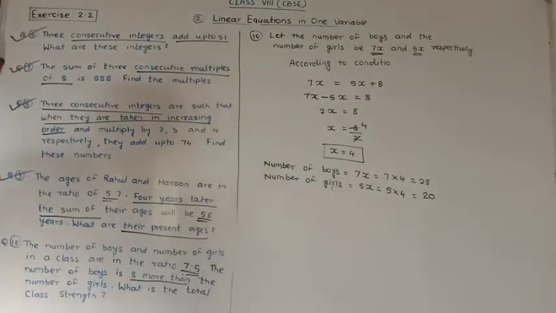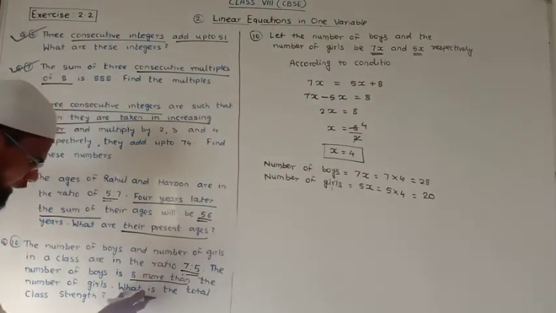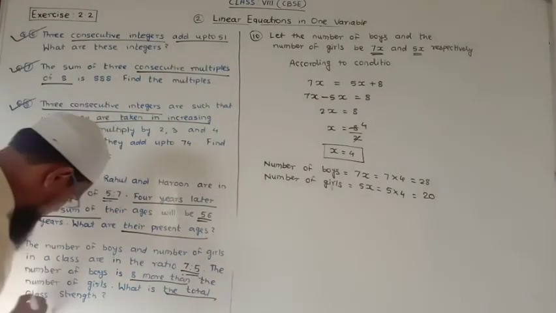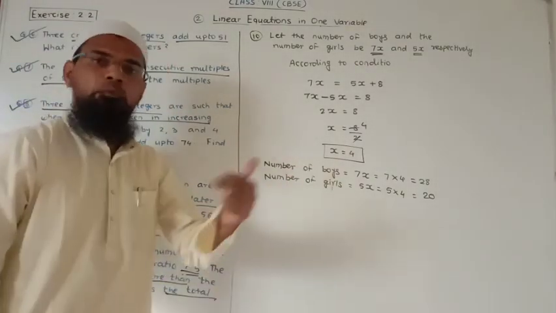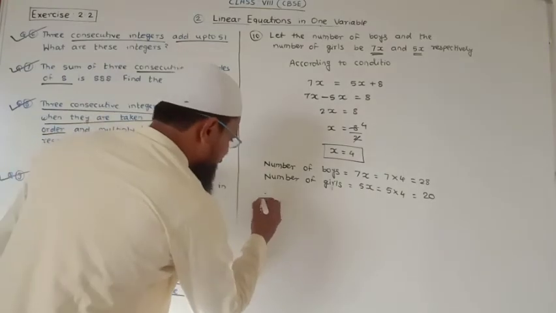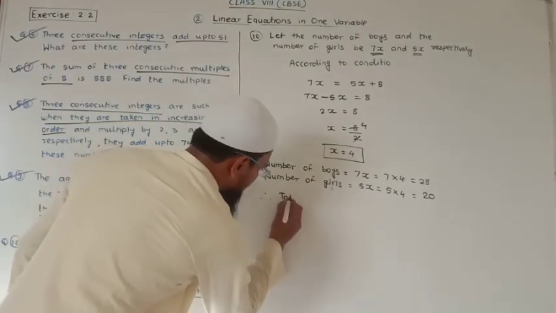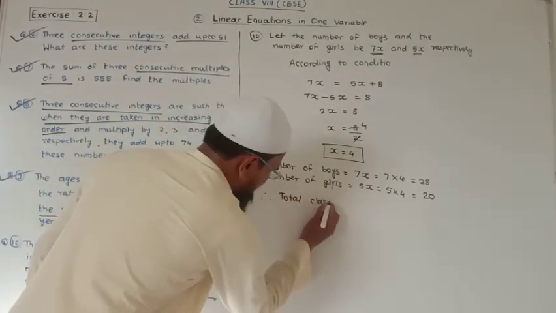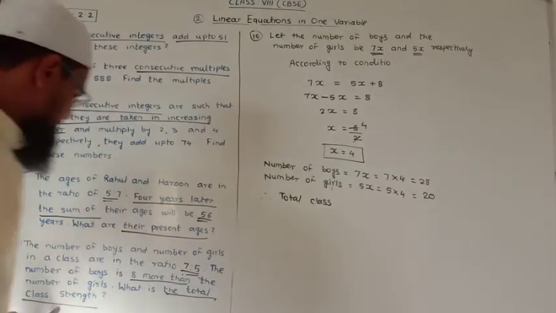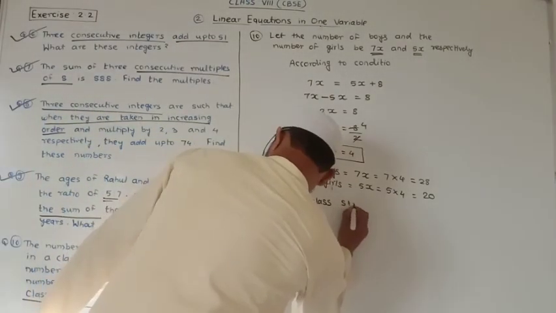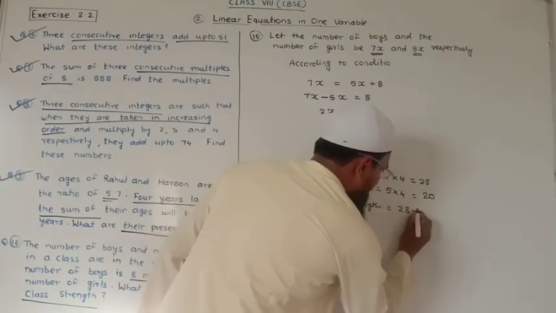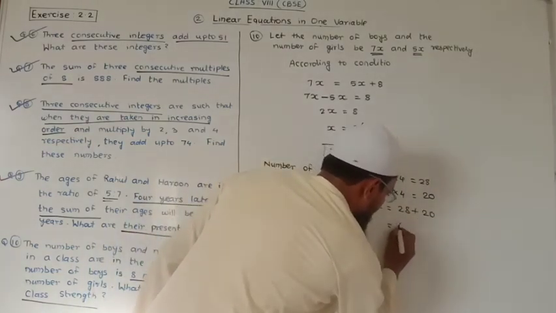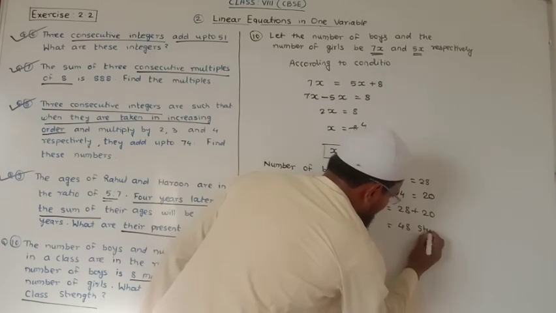But in the question we have to find the total class strength, meaning the number of boys plus number of girls. So we write here, therefore total class strength is equal to 28 plus 20, which is equal to 48 students.